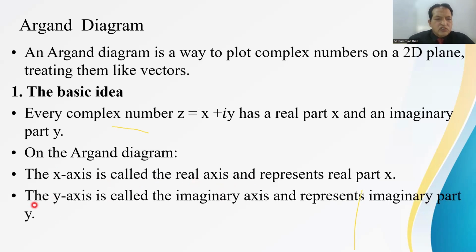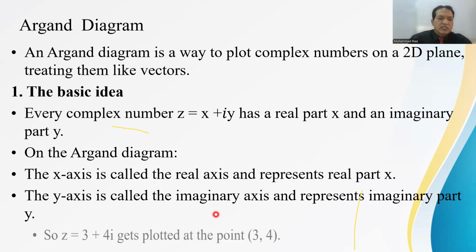And as you know, the y-axis, now you are clear that the y-axis is called the imaginary axis and represents the imaginary part y. In previous sections, you know that on graph paper the y-axis is the vertical axis, or ordinate. But here, the y-axis in the complex plane is called the imaginary axis.